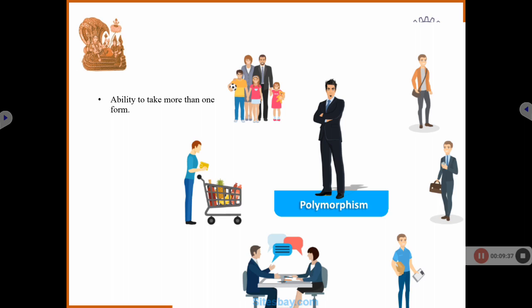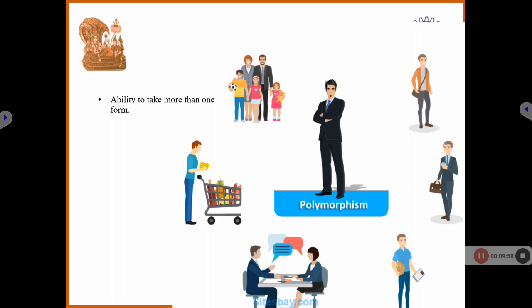If he is going with his family, he is acting as the dad of the family. If he is going shopping, he is a shopper of the family. And if he goes to sales, he may act as a salesperson.